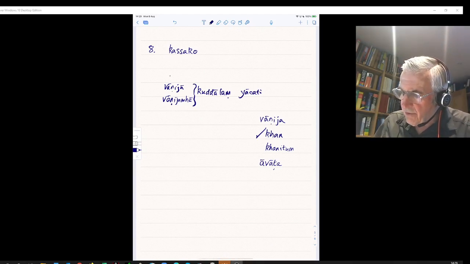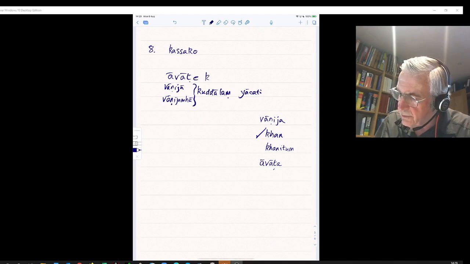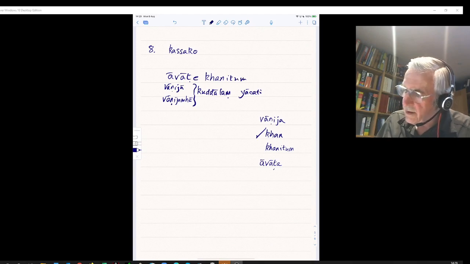So the farmer, kasako, asks the merchant for a hoe, varnija kuddalam yachati, in order to dig pits. That is avarte kanitum, in the field. That's the easy bit. Kete.